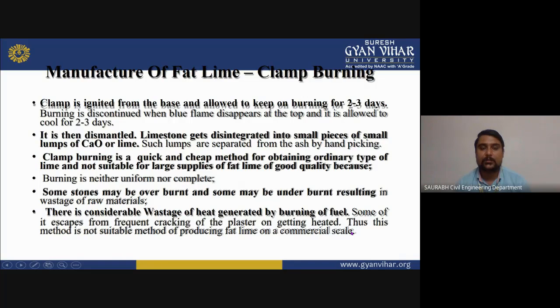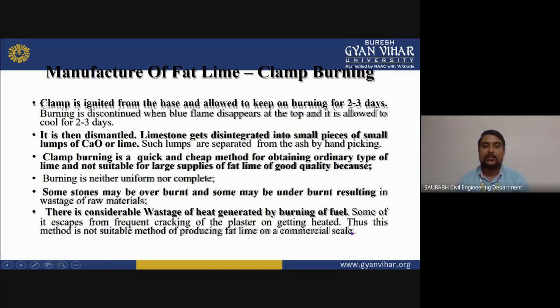Burning is discontinued when the blue flame disappears at the top, and it is allowed to cool for 2 or 3 days. It is then dismantled. Limestone gets disintegrated into small lumps of CaO or lime.